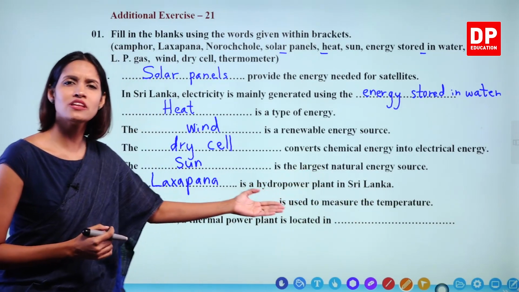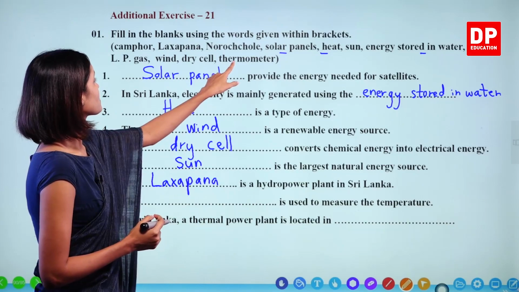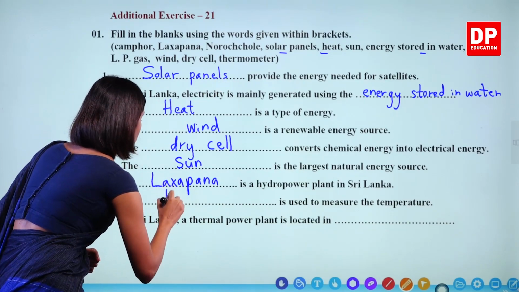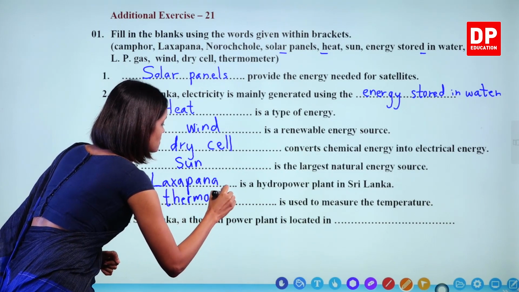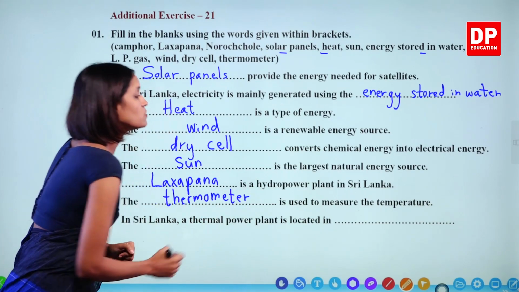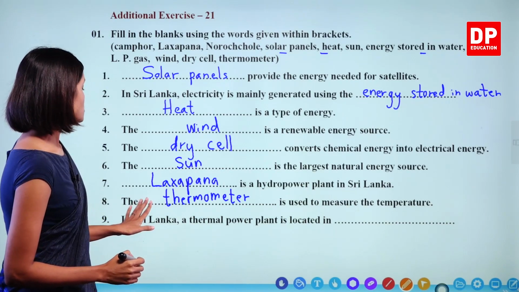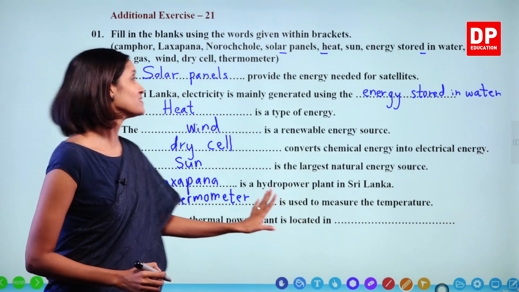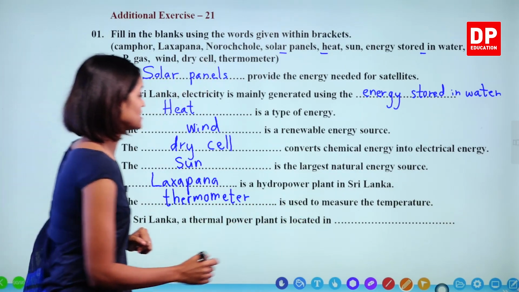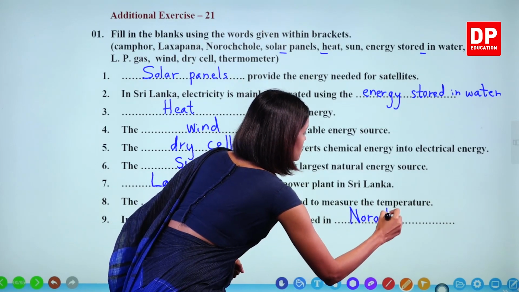What is the instrument that we use to measure temperature? That is thermometer. Thermometer is used to measure the temperature. Number 9. In Sri Lanka, a thermal power plant is located in, now we know that, Norochcholai.